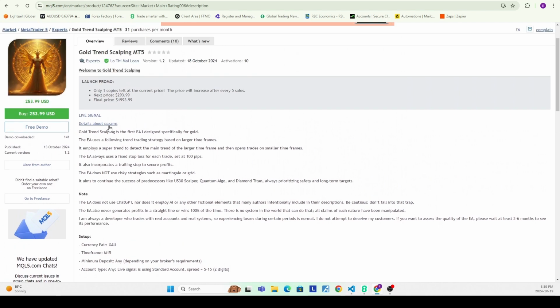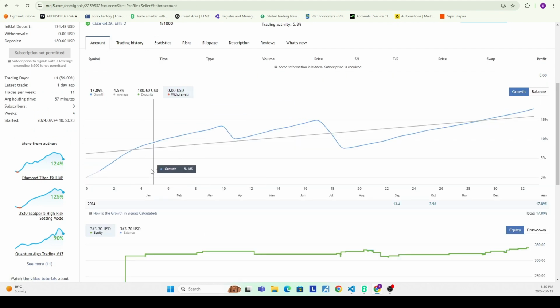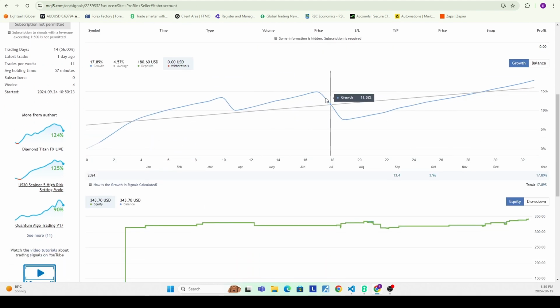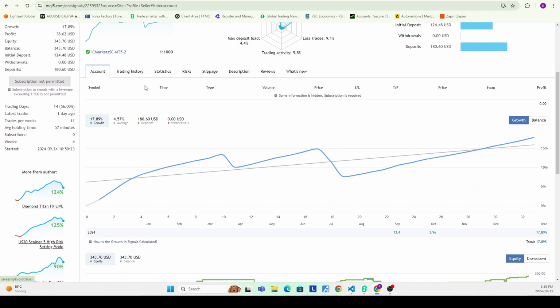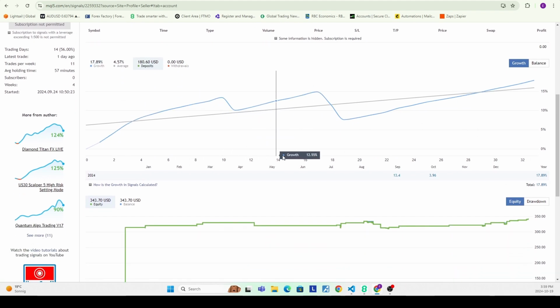And now we can quickly skip over to the live signal tab and see that indeed it has been running live on IC Markets, which is a good sign. At the same time, it's not a perfect equity curve, but good returns so far.